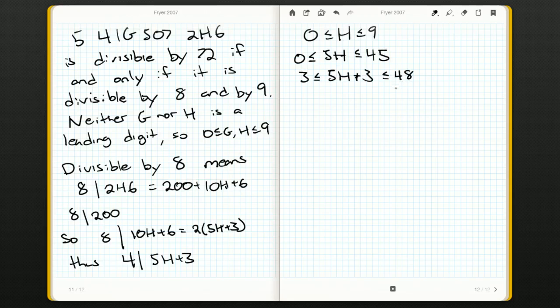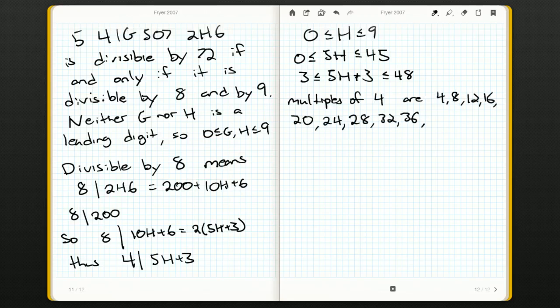So what multiples of 4 do we have in here? 4, 8, 12, 16, 20, 24, 28. I realize there's another way you could do this, probably with modular arithmetic and invertibility of this 5 relative to 4.